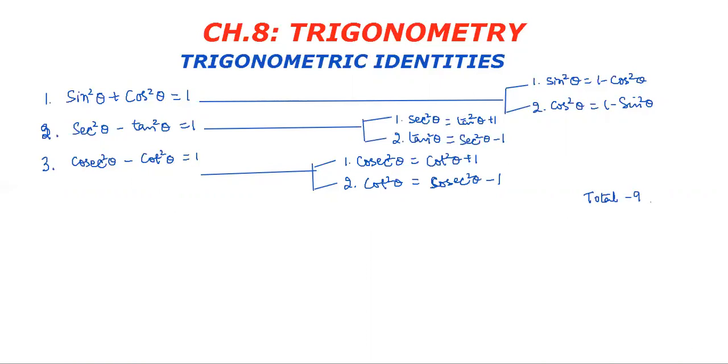And now children, let's see how we can say that sine square theta plus cos square theta is equal to 1. To prove this, let's start from the left hand side. Sine theta, you know, is equal to perpendicular upon hypotenuse.